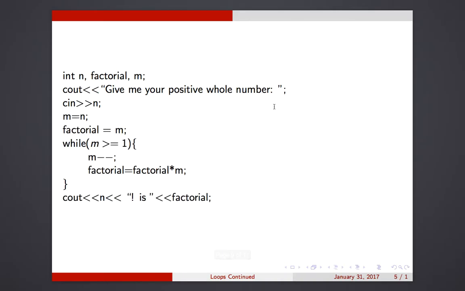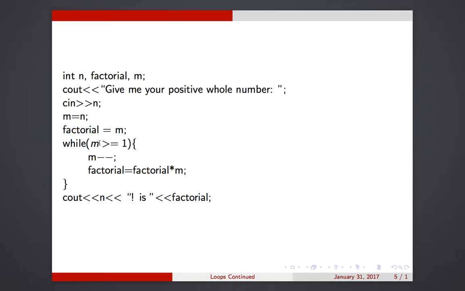What I need to do is set up a loop that says, as long as m is bigger than or equal to 1, I want you to decrease it, and then factorial should be whatever it is times the current value of m. Okay, so let's talk through the logic here. Let's say the user enters the number 10. Then m becomes 10 and factorial becomes 10. Everything's 10.